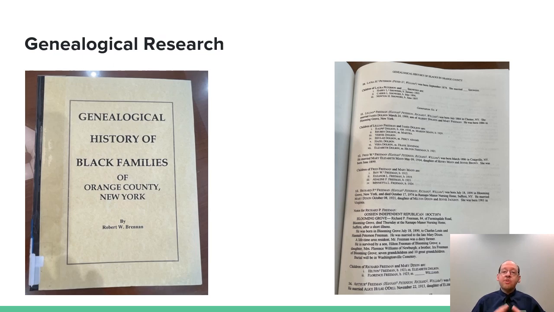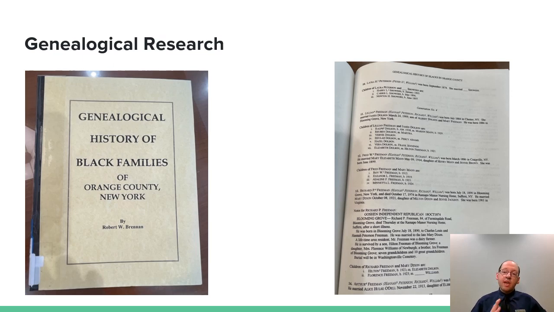And it's a real testament to this one person's knowledge and determination to highlight people of African descent who lived in our area from the 1700s, as far back as he could find information on, all the way up to the 1940s and 50s.